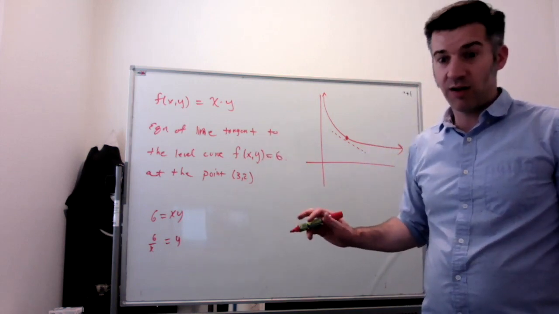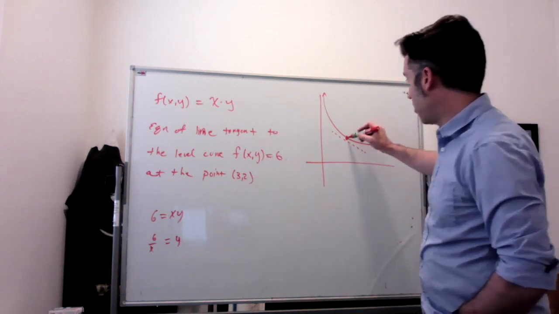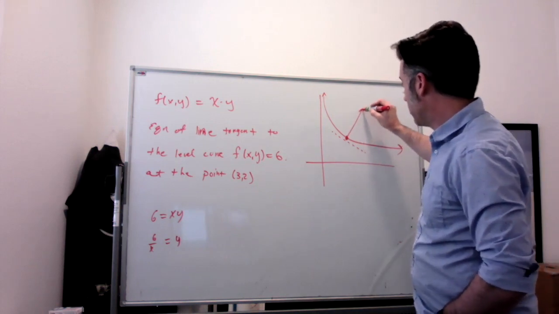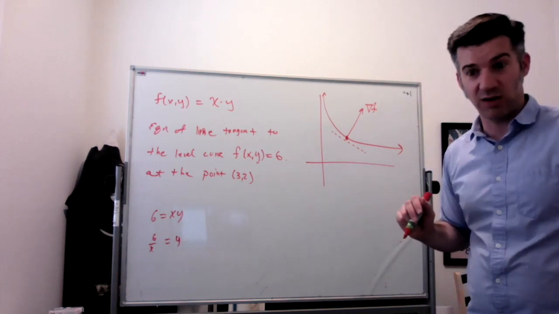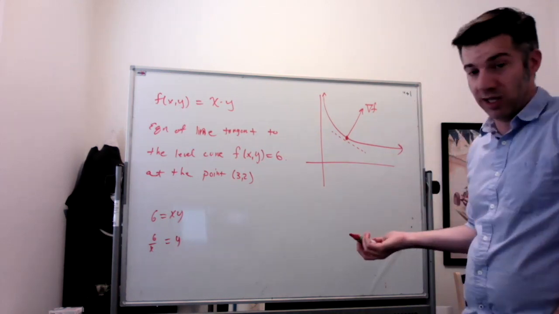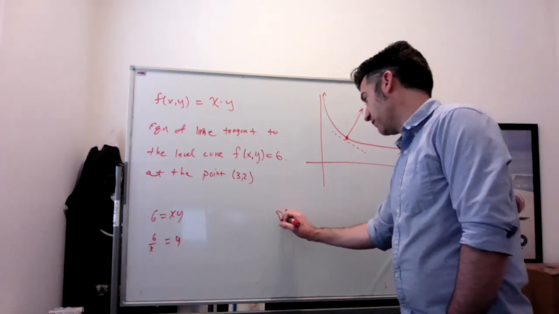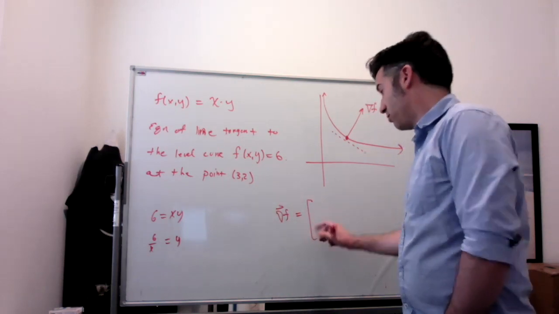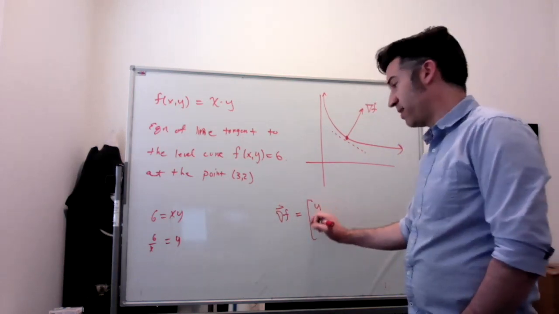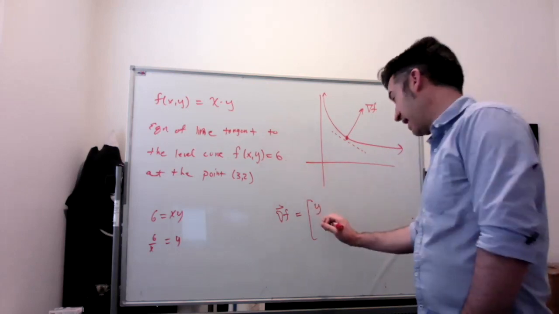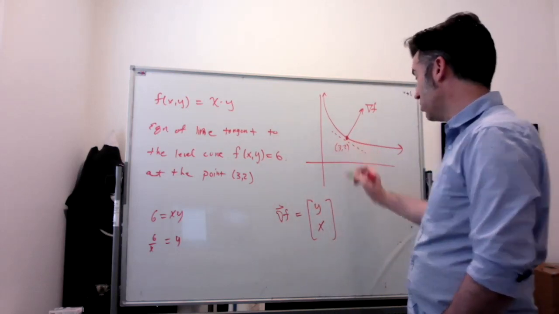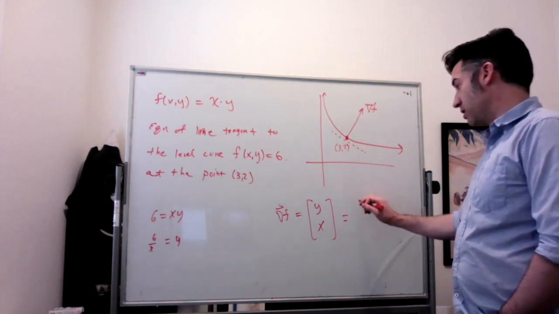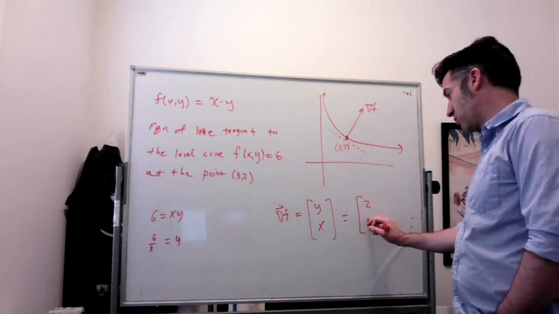But we could also say, hey, look, I know the gradient is perpendicular to my tangent line. So I can find the gradient, which I totally can. The gradient of this is partial with respect to x is y, partial with respect to y is x. And at the point 3, 2, my gradient is going to be the vector 2, 3.